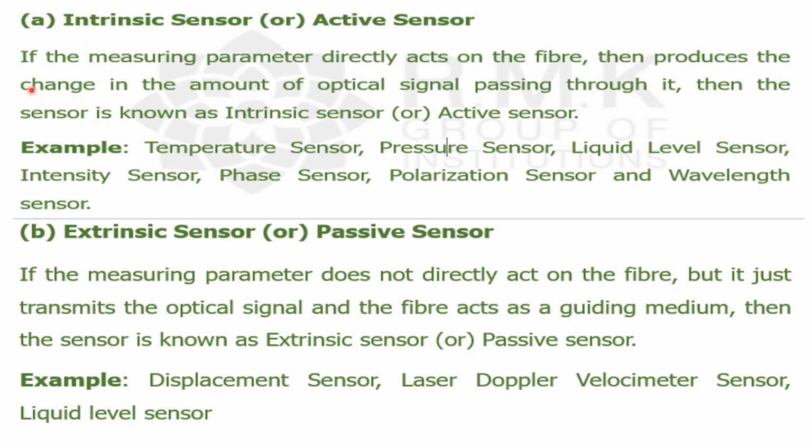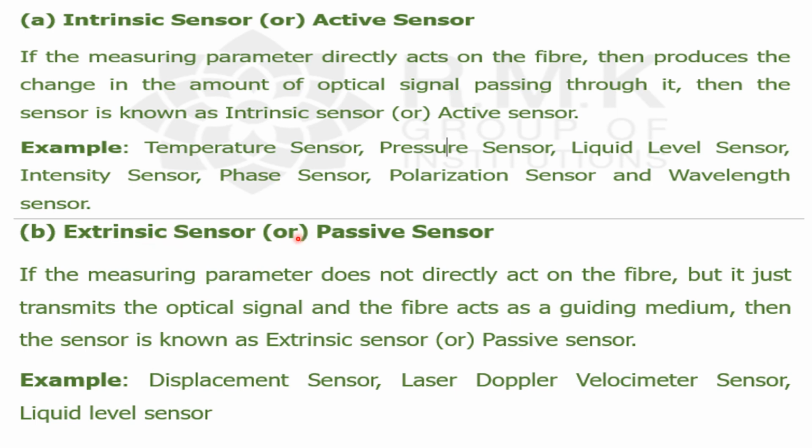You can see the content now. If the measuring parameter directly acts on the fiber, then produces the change in the amount of optical signal passing through it, then the sensor is known as intrinsic sensor or active sensor. Examples are temperature sensor, pressure sensor, liquid level sensor, intensity sensor, phase sensor, polarization sensor and wavelength sensor.